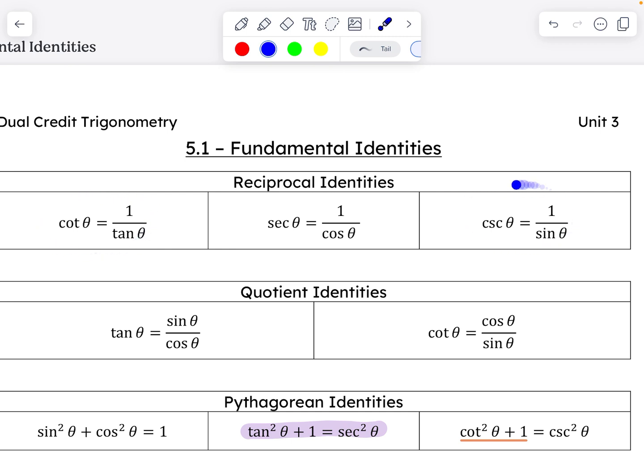So cosecant, I might still use the 1 over sine, but the cotangent, I might come down here and use this cosine over sine to help me out a little bit. So I'm getting everything in terms of sine and cosine, so then maybe I can see if something will cancel out. So let's use this quotient identity and this reciprocal identity.